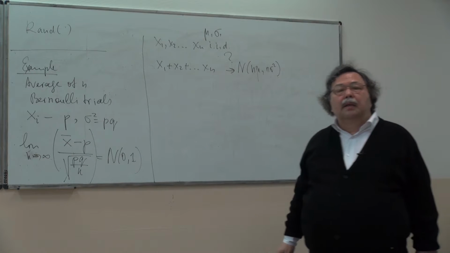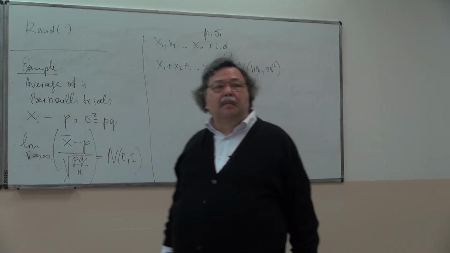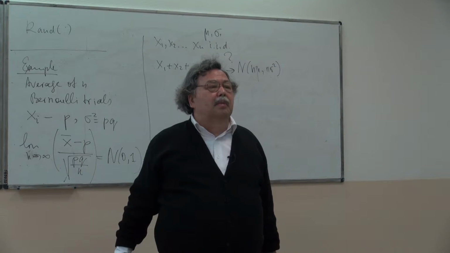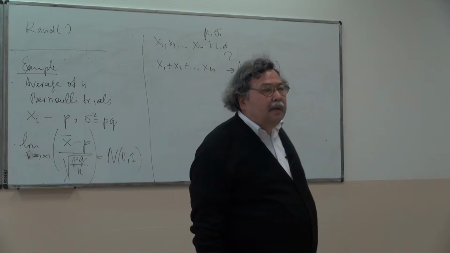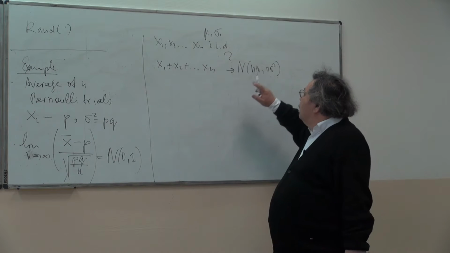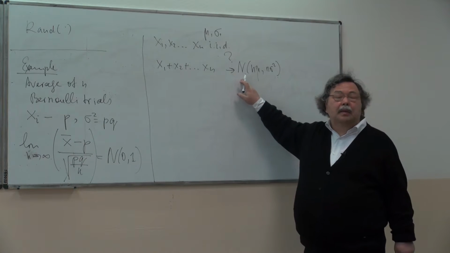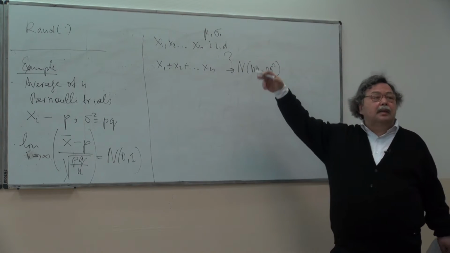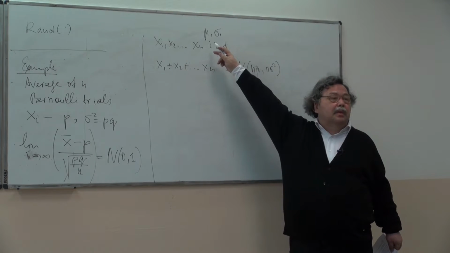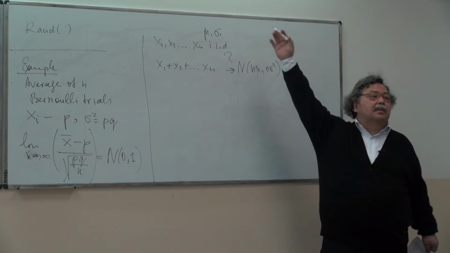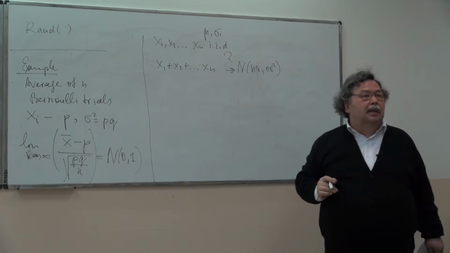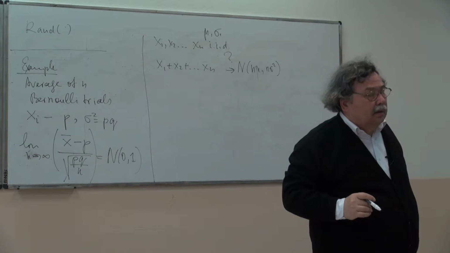Can we say that the sum of a large number of independent, identically distributed random variables approaches the normal random variable where mu is n times this individual mu, and the variance is n times the individual variance? Is that true or not?